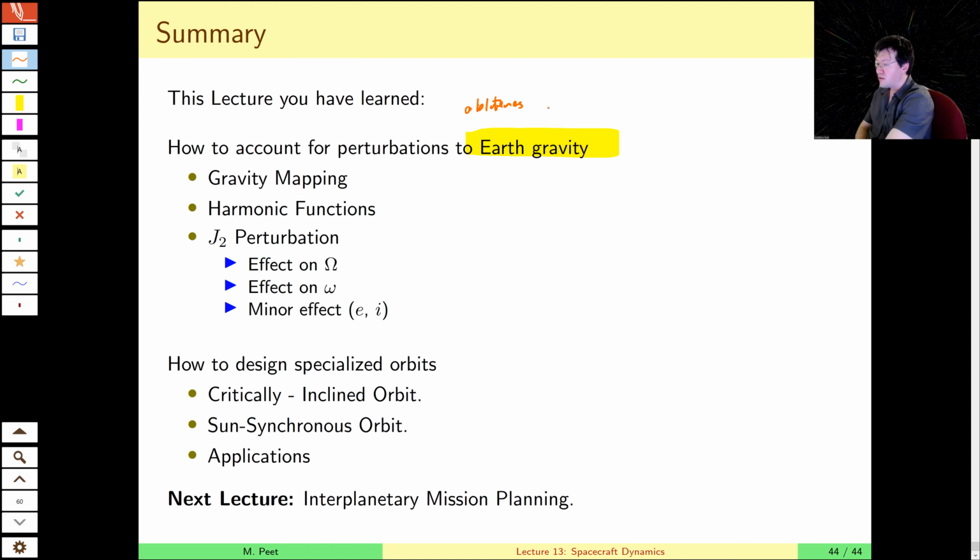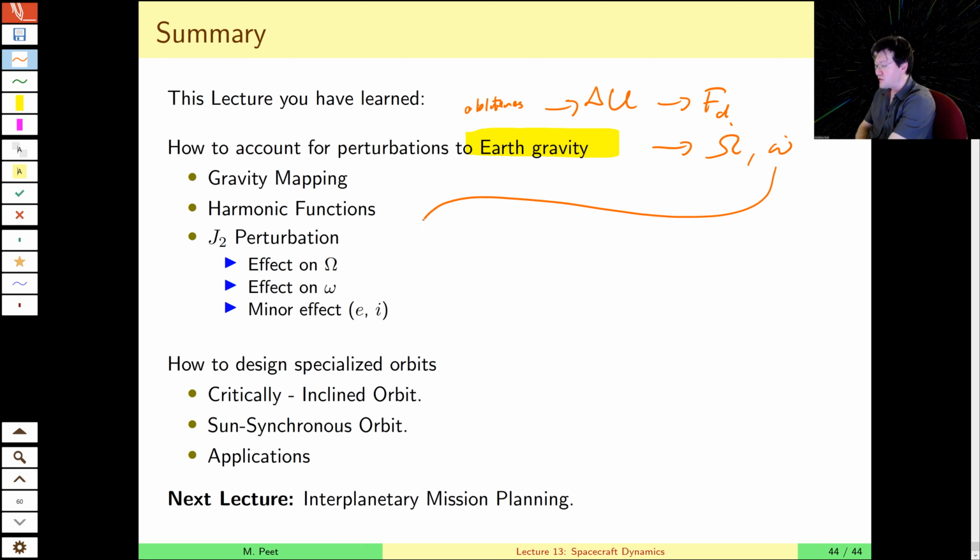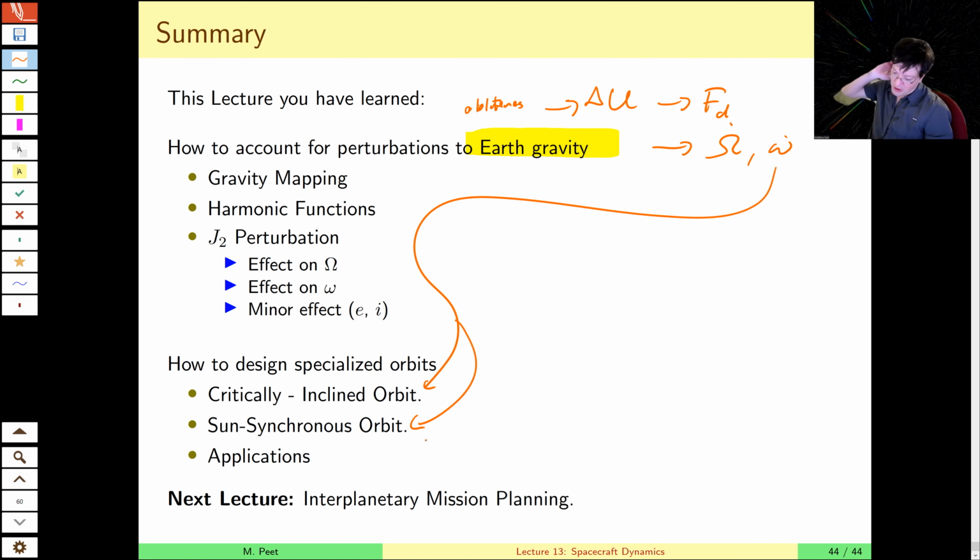The effect on mu, the change in mu, the disturbing forces, the effect of that on omega dot and little omega dot, and finally brought that back to the applications, specifically design of critically inclined and sun-synchronous orbits. Right? So this concludes our section on orbital perturbations.